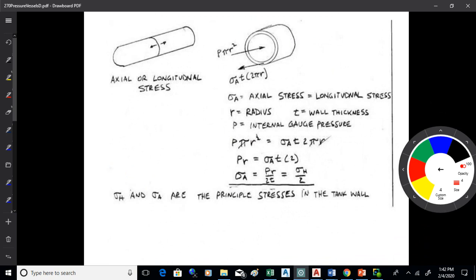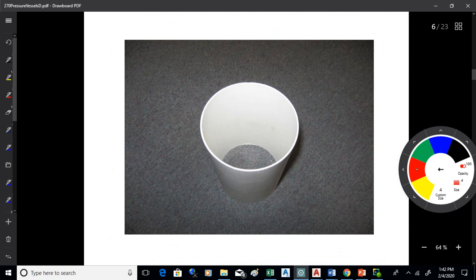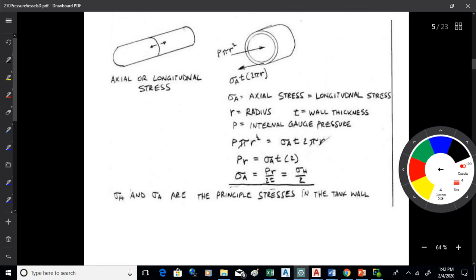Now, the other thing that's happening, though, is if this is a cylindrical tank, there's also an axial or longitudinal stress that's trying to tear the ends off the tank. So that'll build up in this area right here. What's happening there is you get a force, which is pressure times area.